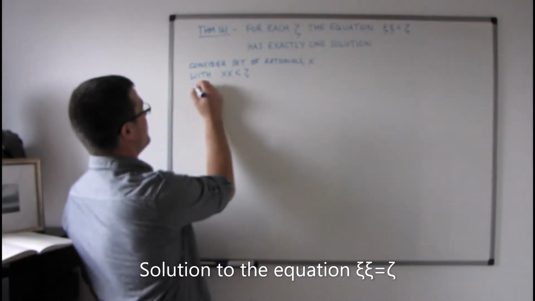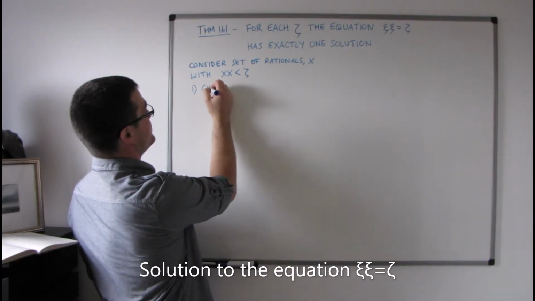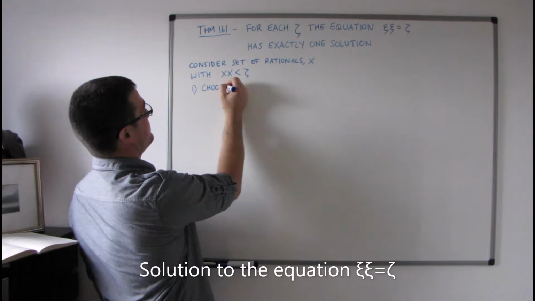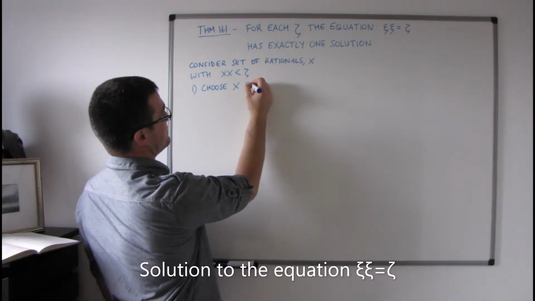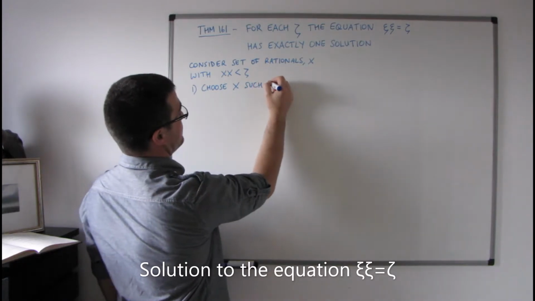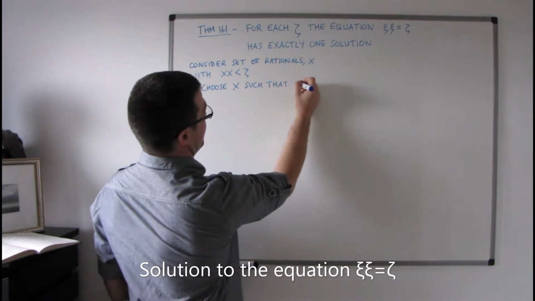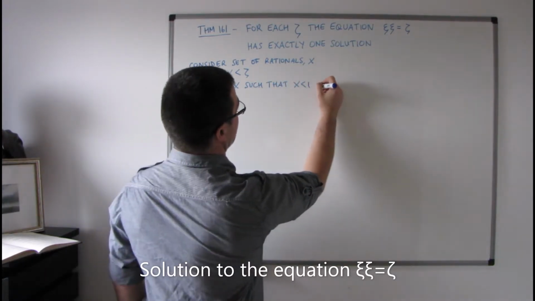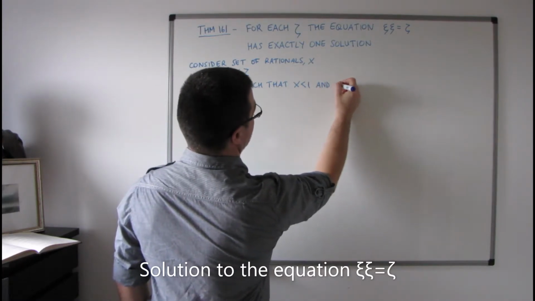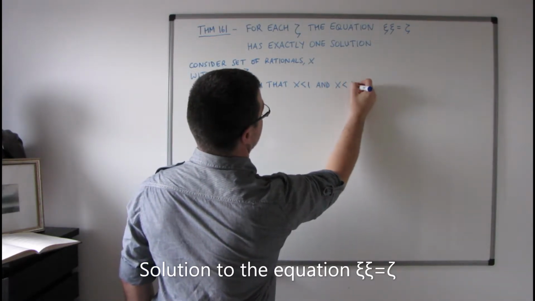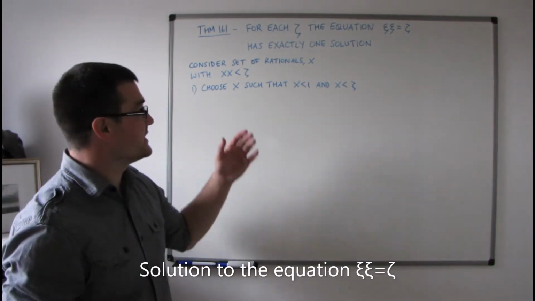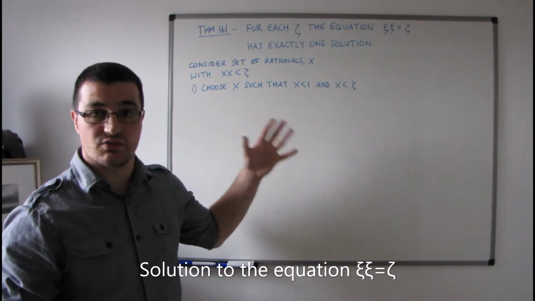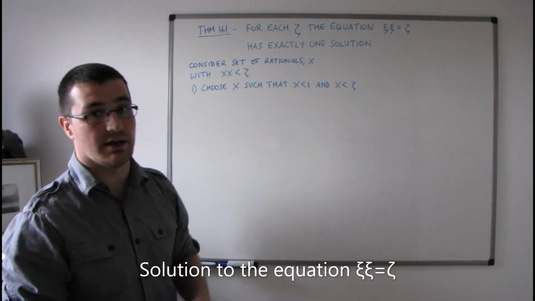So let's start with 1. We choose x to be such that x is less than 1 and x is less than zeta, which we can do because there's no smallest rational, so we can always do that.